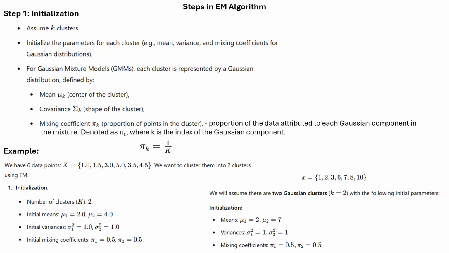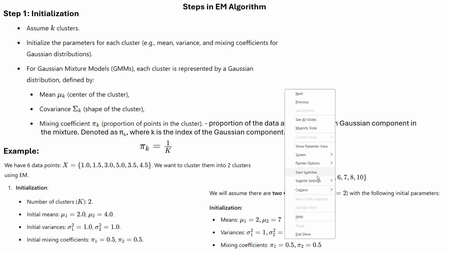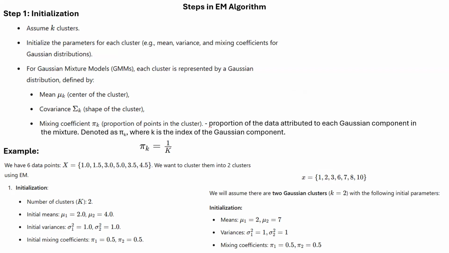So pi k is the mixing coefficient that denotes the proportion of data attributed to each cluster. That means how many data points will be contributed to a particular cluster. K is the index of the Gaussian component, and pi k is denoted by 1 by k.